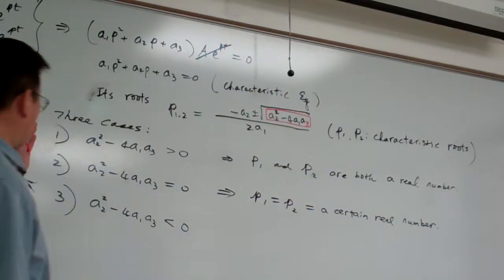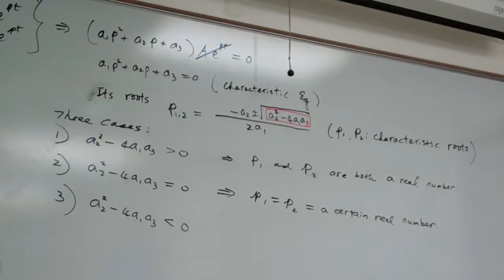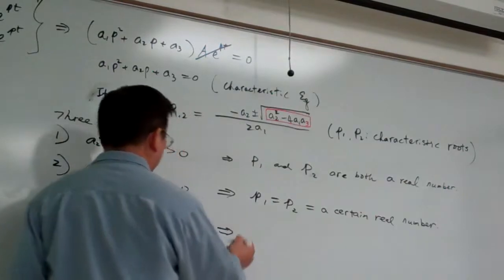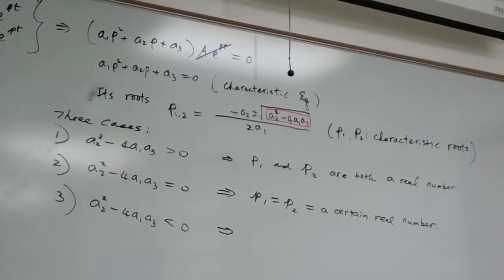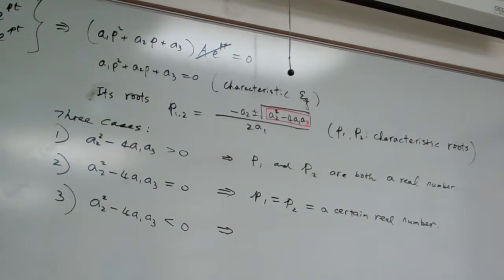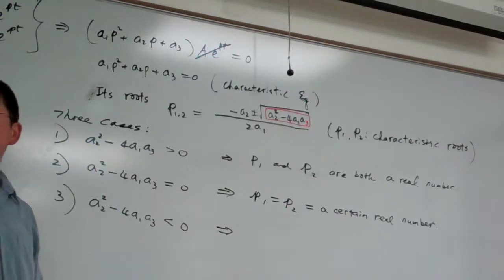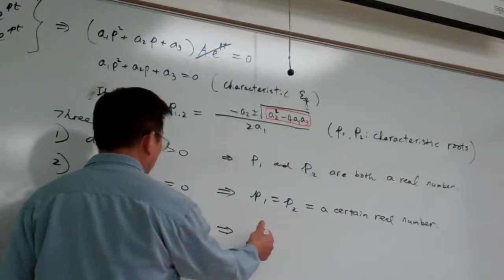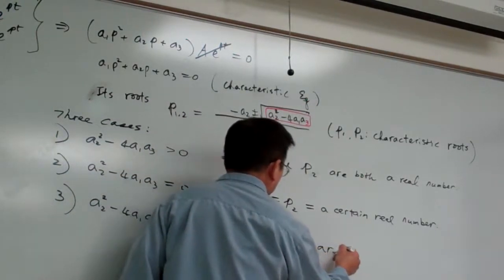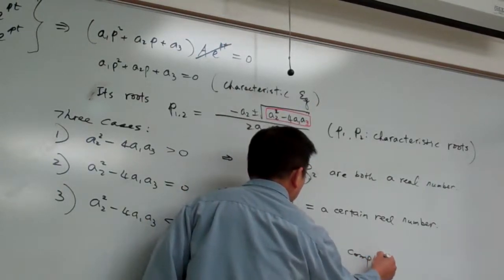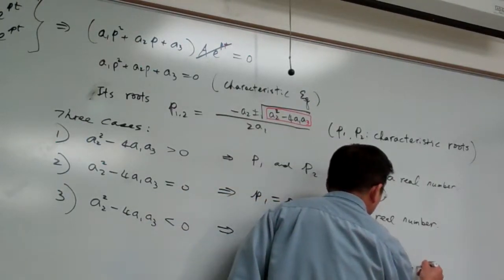Okay, so the first two cases we are dealing with are the real number cases. The third one, because the number within the square root is negative, we're expecting a complex number to come up. So that means for this case, P1, P2 are complex conjugates.